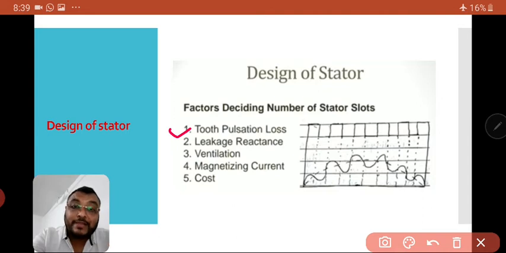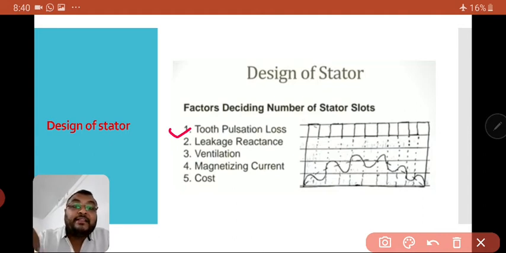So due to that variation of air gap, the tooth pulsation losses and noise will be there. These effects can be minimized by using a large number of narrow slots. So if we find this kind of problem in a DC machine after designing it, we can solve the tooth pulsation loss by using a large number of slots.